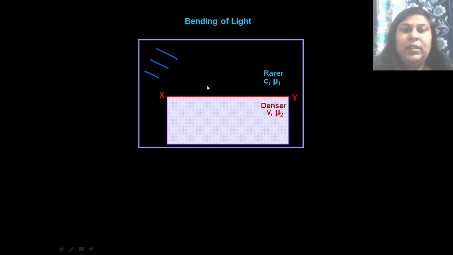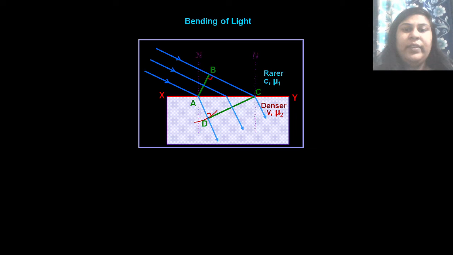Now you can see these rays are coming on this surface. The first ray reaches earlier and moves in this direction, the second ray after that, and the last ray reaches last. So the first ray bends more, then the second and the third. This is known as bending of light.